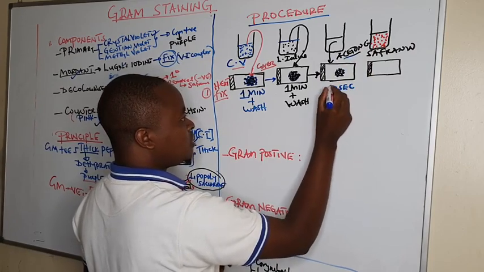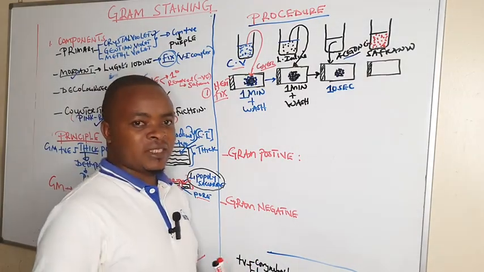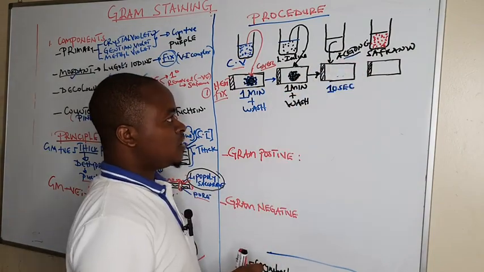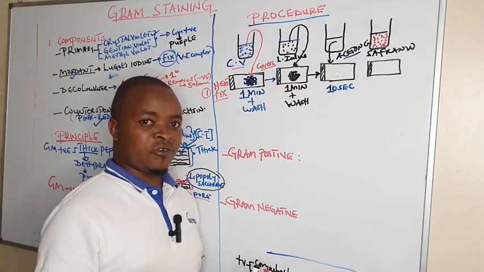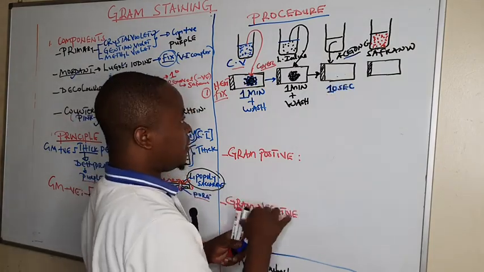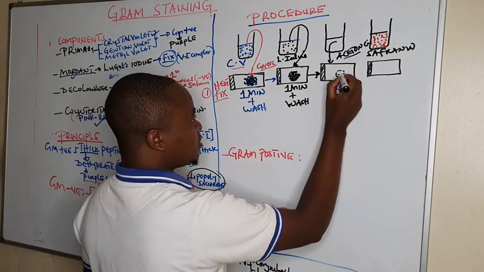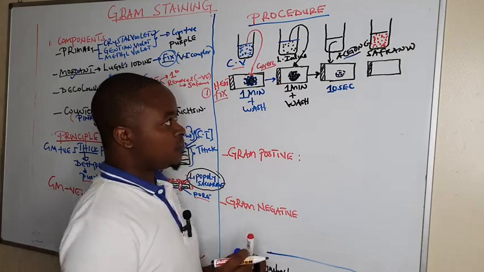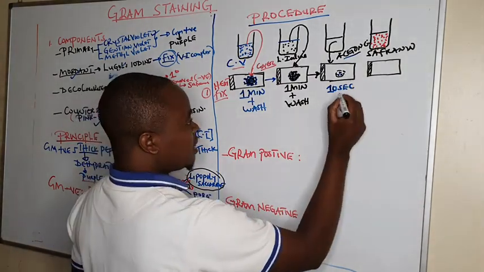When we apply the decolorizer, the smear is going to lose all the bluish color if it is gram negative. If it is gram positive, it is going to retain a little of the color of the crystal violet. That is for 5 to 10 seconds. After 10 seconds, we wash.